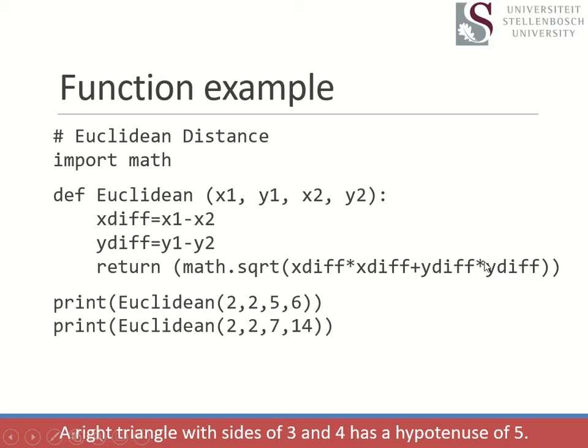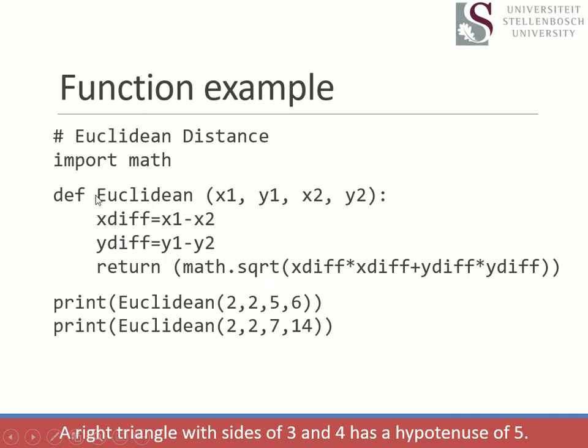I think most people might remember this from geometry class back in high school when we talked about right triangles. If you know that the A side is 3 and the B side is 4, the hypotenuse of that right triangle is 5. So 9 for the square of 3 plus 16, which is the square of 4, is 25. Take the square root, that's 5. Right? So this is a function that will compute that anytime you give it the numbers.